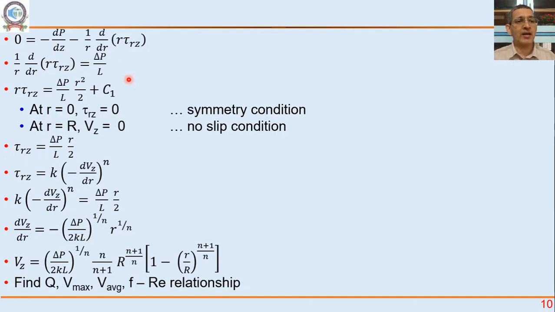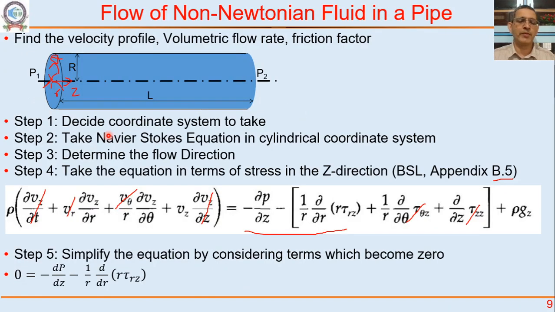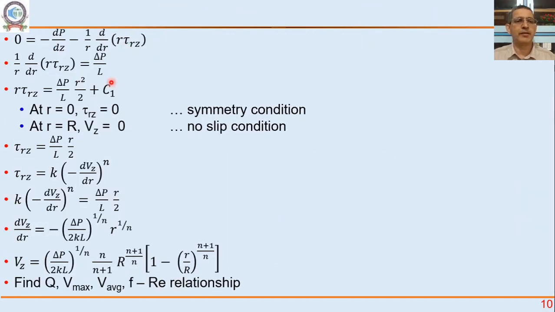Same way here, r tau_rz is 0. So if r is equal to 0, r tau_rz is 0, c1 is 0. Second case, at r equal to R, v_z is 0, the no slip condition. That is the same as earlier. So now if you integrate this, you will get that tau_rz is (Δp/L) r/2.